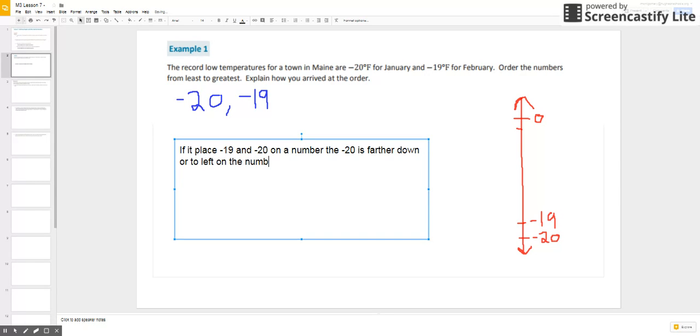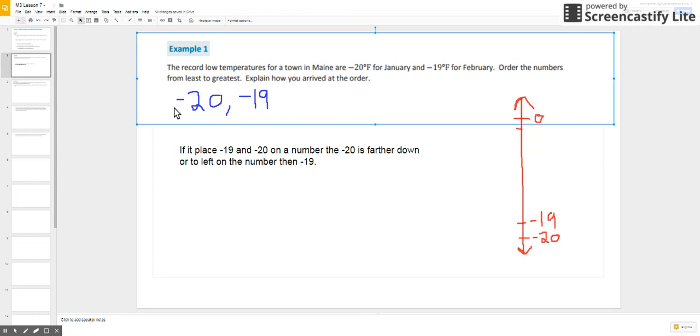This is how I know that negative 20 is smaller, because it's further down. If I did it horizontally, it would be further to the left. Every number on a number line that's further to the left or further down is a smaller number.